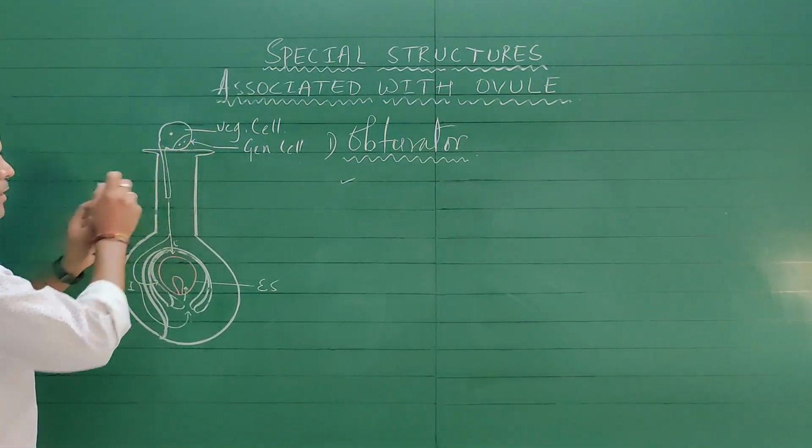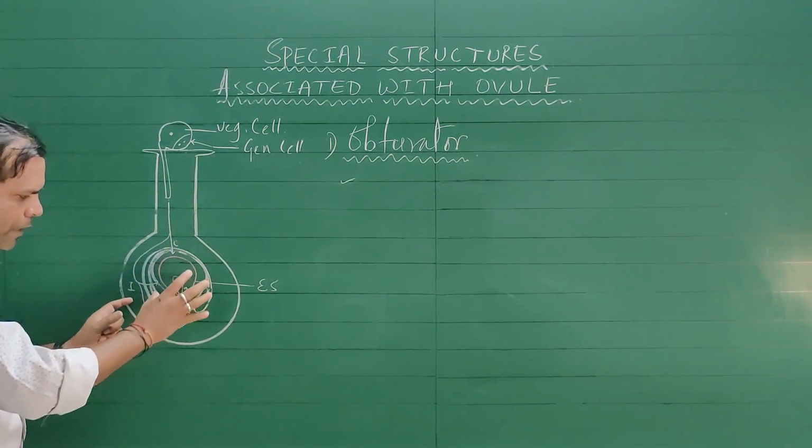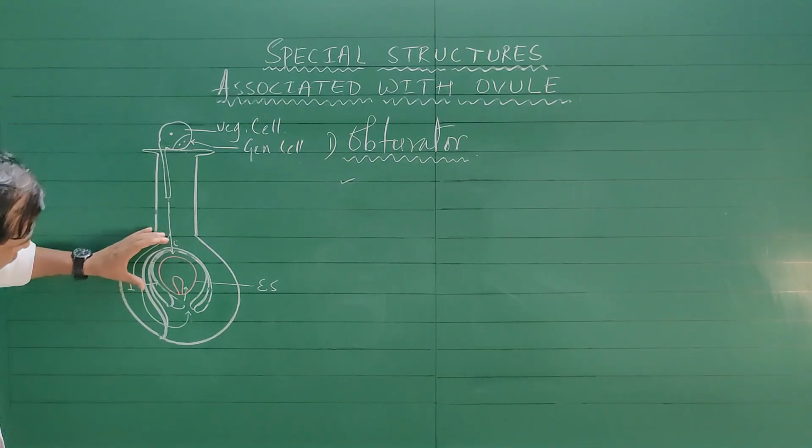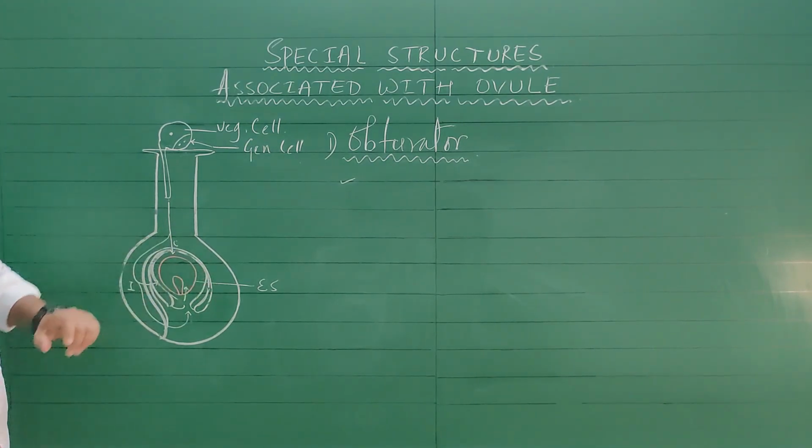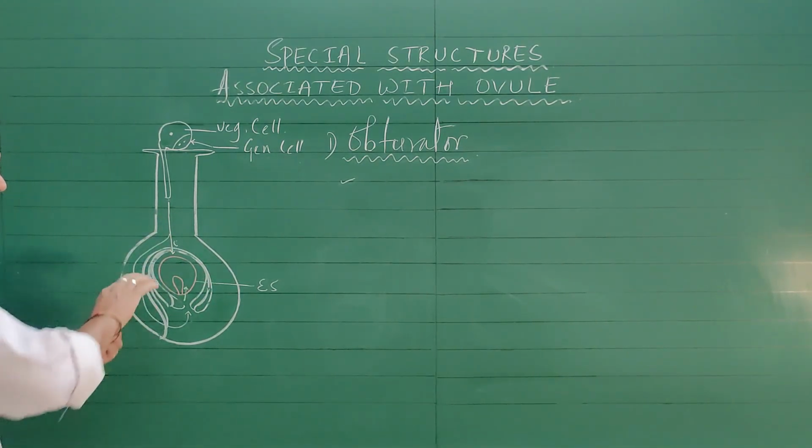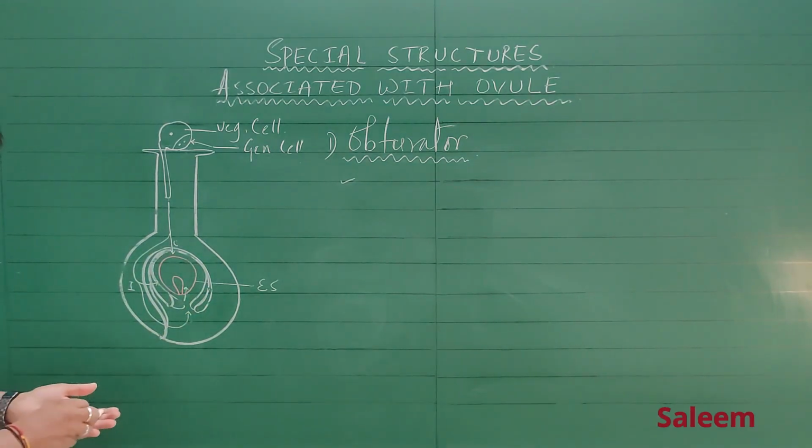Now this pollen tube is formed, but in case of anatropous ovule, the pollen tube shows curvature, that is 180 degree. It shows orientation.